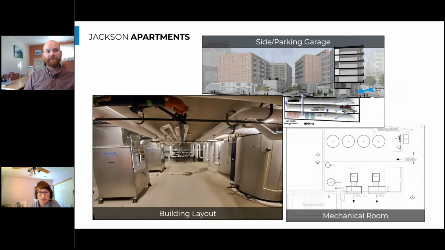Most of our designs take the cool exhaust air from the heat pump water heaters and either directly duct it out of the building or duct it to a fan system. These systems run for many hours of the day, and so if we don't duct that out, we risk overcooling an area of the garage. And so we want to ensure that there's a way to get that cool exhaust air out.